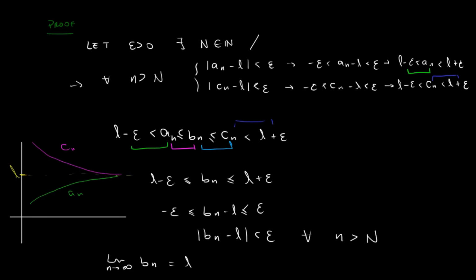But now we know that B is between these two sequences, so B can do whatever it wants, but it has to stay between these two. And in infinity, the limit must be the same. So we're actually making a sandwich with A, B, and C. And that's why it's called the sandwich theorem.